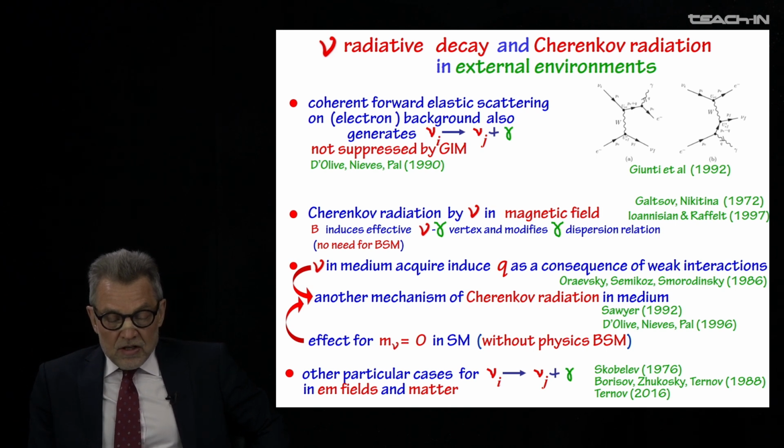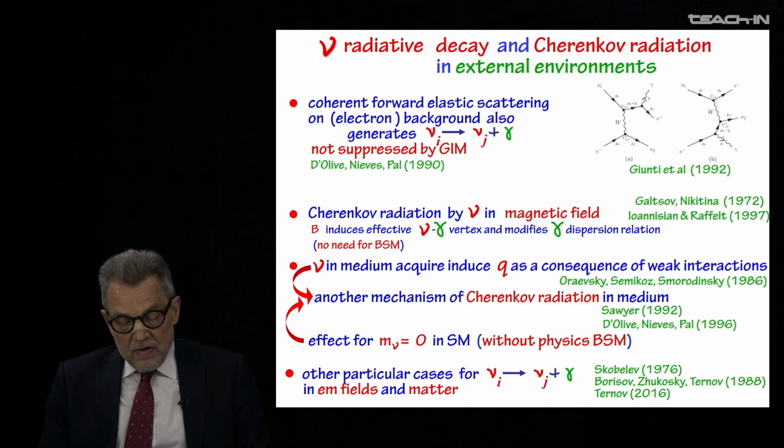And I would like to stress once again that there is no need to go to models beyond the standard model. This option exists: the Cherenkov radiation due to the millicharge induced by interaction of neutrinos with the external environment can proceed even when the mass of the neutrino is zero. So it means that the neutrino can be described quite well within the standard model in its initial formulation, when the neutrino was supposed to be a massless particle.